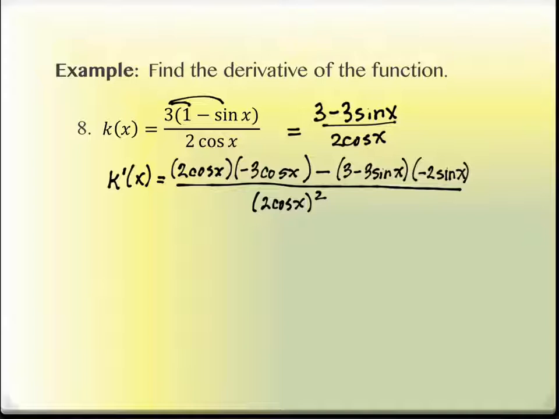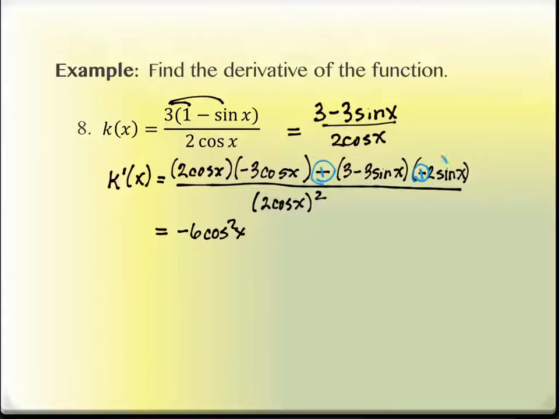So let's figure out what we have here cleaned up a little bit. The first pieces that are being multiplied don't have any addition or subtraction, so I can just combine the like terms that are there. So this is negative 6 cosine squared of x. The second piece over here actually has pieces that can be distributed and cleaned up. I also take a look here, notice that I've got a negative here and a negative that I'm distributing here. So those are going to cancel out.